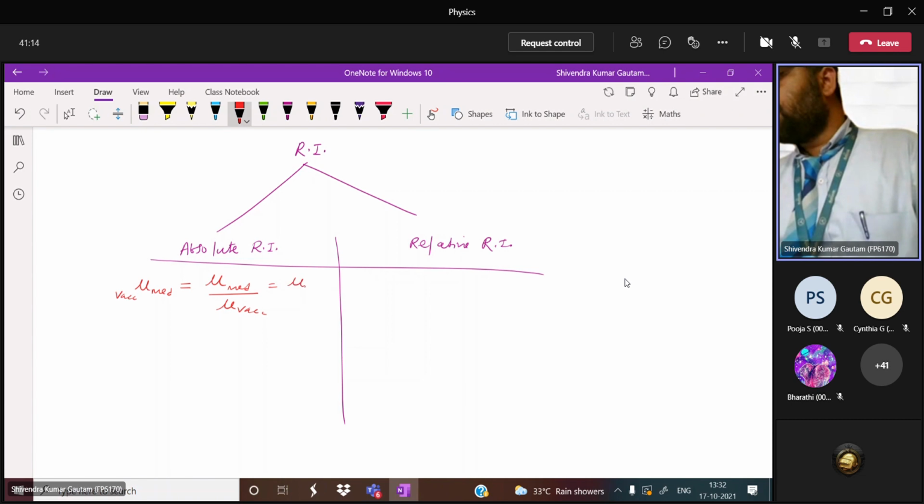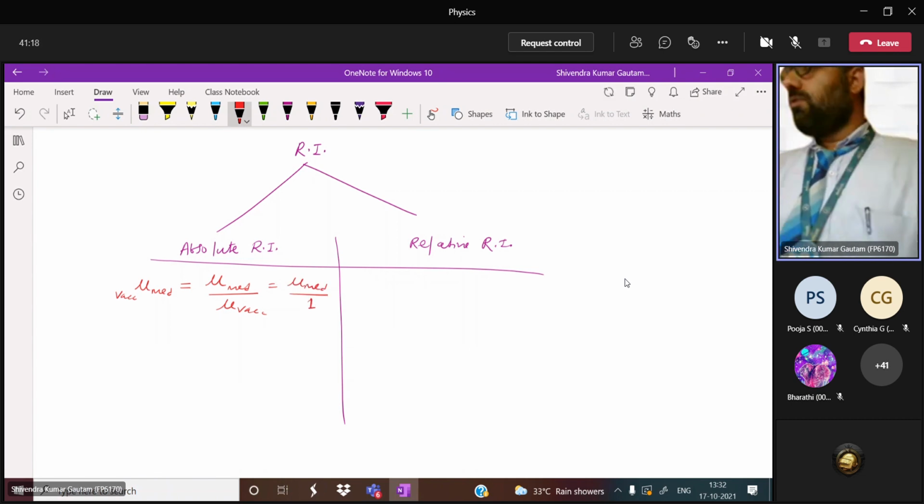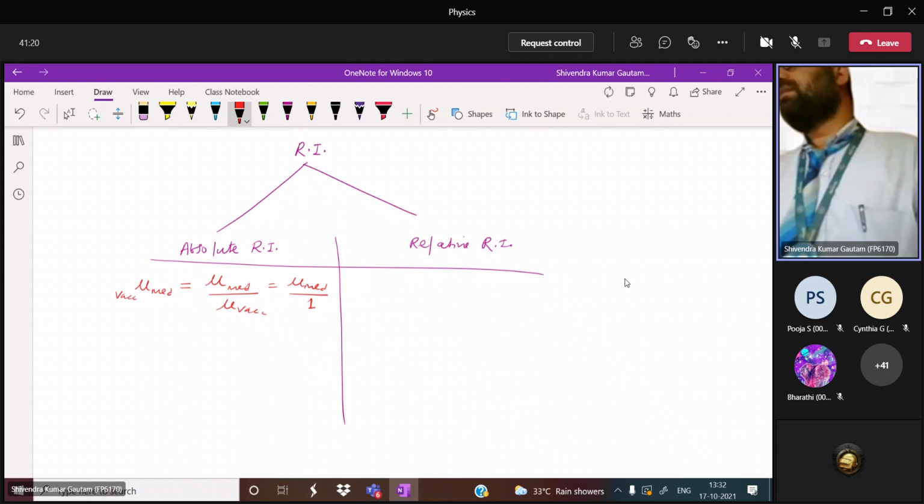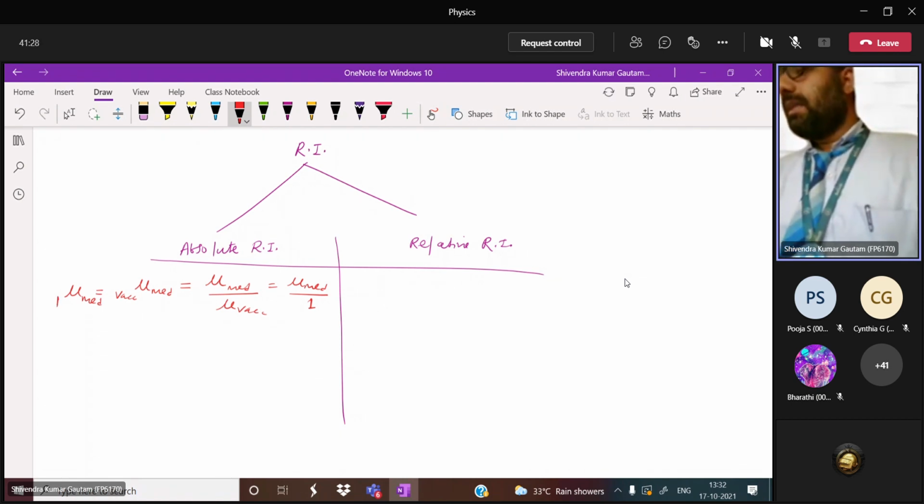Vacuum refractive index we know is 1. So if anywhere mu medium vacuum is written, it means nothing but mu medium. Or you will find somewhere that mu medium is written with nothing mentioned, it means vacuum, 1.